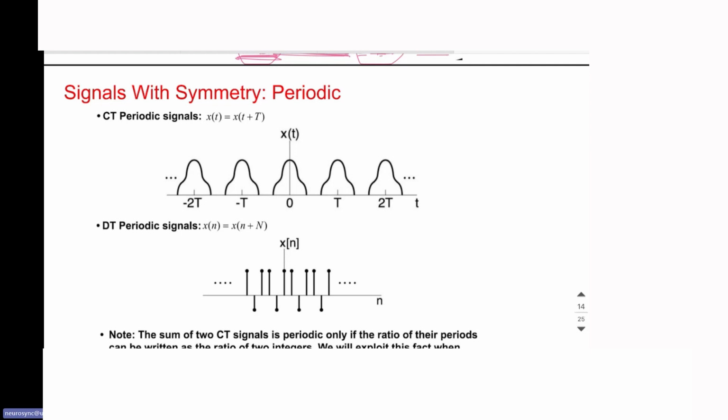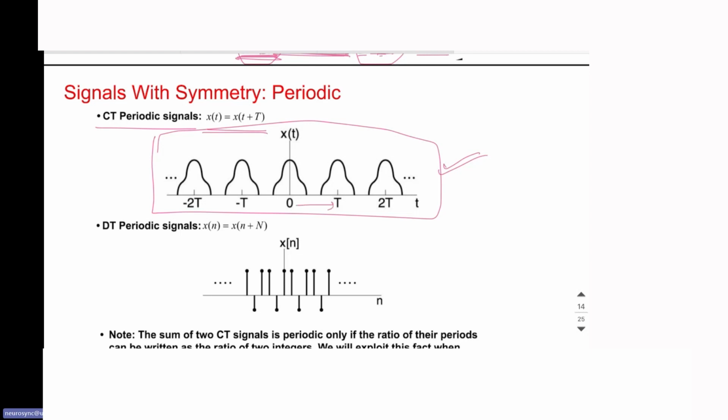So continuous time periodic signals we can represent like this. You can see this is a periodic signal in continuous time. This is basically the general description of the signal. You can see the repeating sequence of the signal, repeating with respect to time.